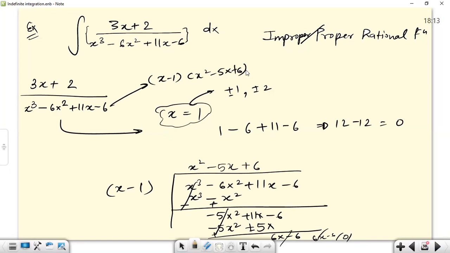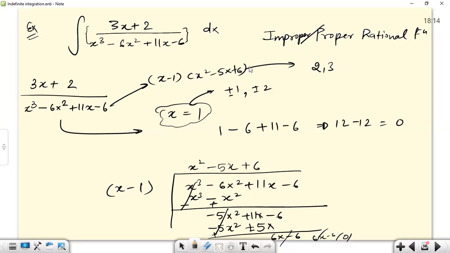And now we can find its roots easily, that there must be two numbers whose product should be 6 and whose sum should be 5. Okay, so 2 and 3 are such. 2 threes are 6, 2 plus 3 is 5.